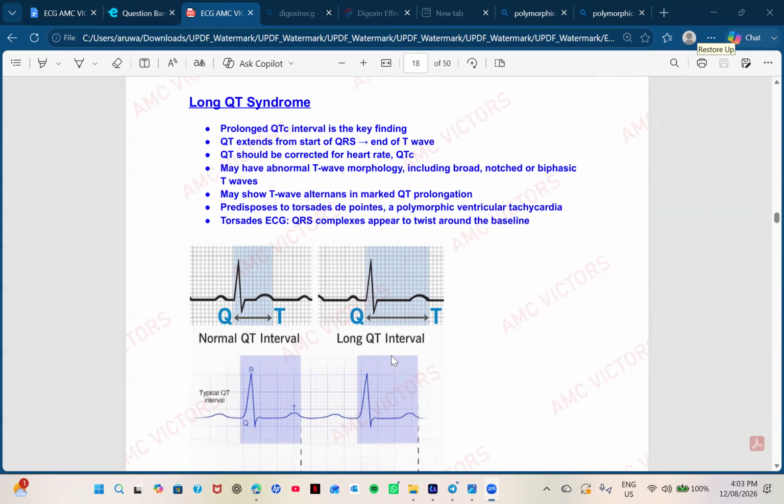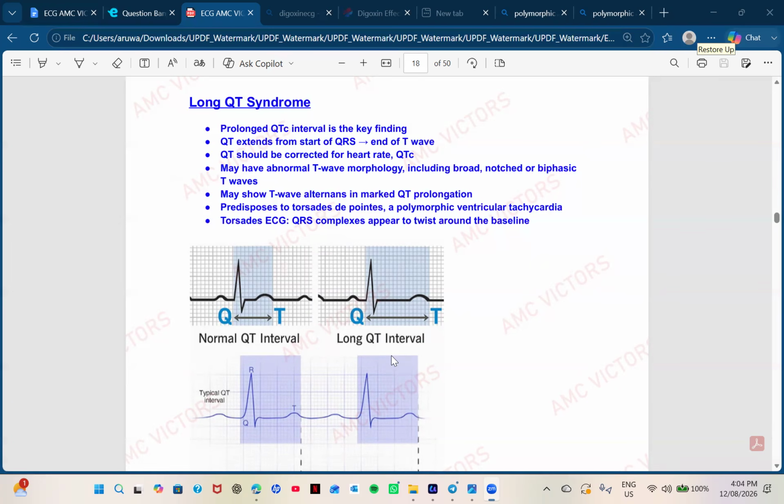Then we have acquired causes from drugs: antiarrhythmics, antipsychotics, some antidepressants, some antibiotics of the macrolide kind. And there can be electrolyte causes: hypokalemia, hypomagnesemia, hypocalcemia can also be a cause, right?